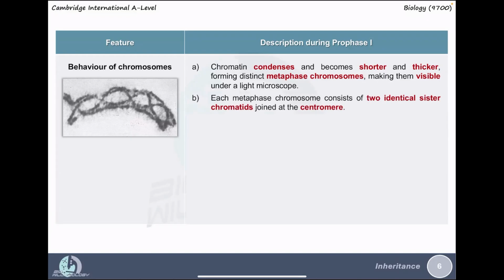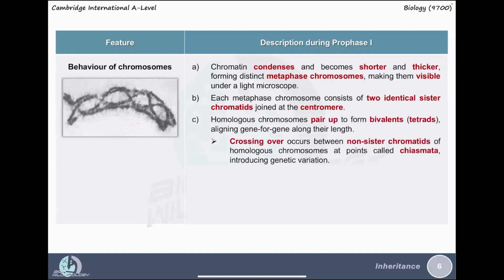Each metaphase chromosome consists of two identical sister chromatids joined at the centromere. And homologous chromosomes now pair up to form bivalents or tetrads. Bivalent because two chromosomes pair up, and tetrad because of four sister chromatids.